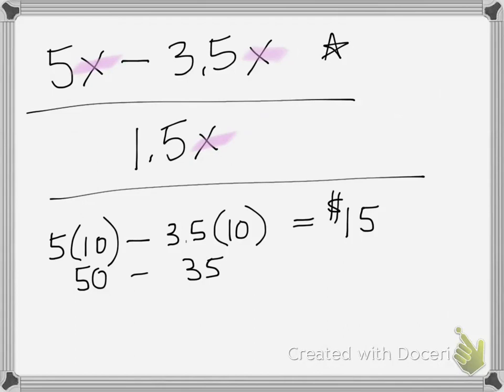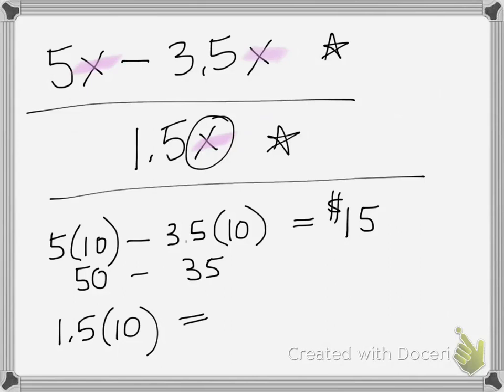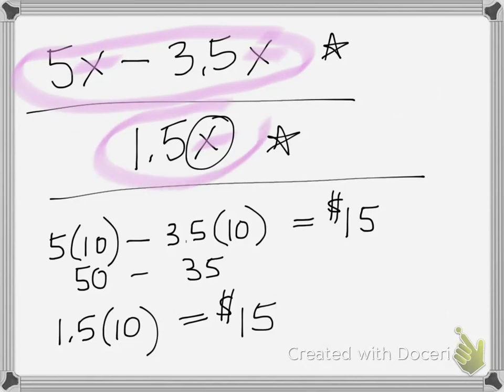Now, if we used this expression, 1.5 times 10, plugging in 10 for the x, that also equals $15. So these two are what we consider equivalent expressions, because for any number that I substitute in for the variable, it's going to be the same.